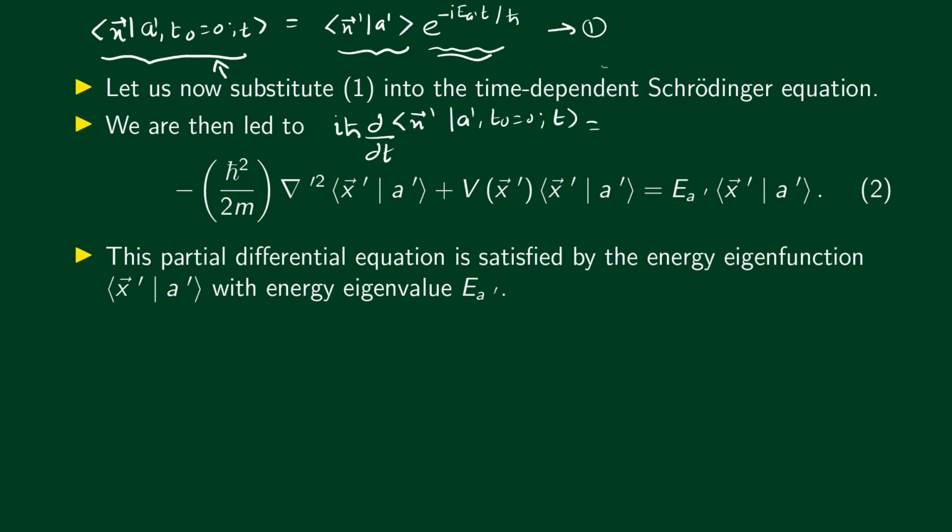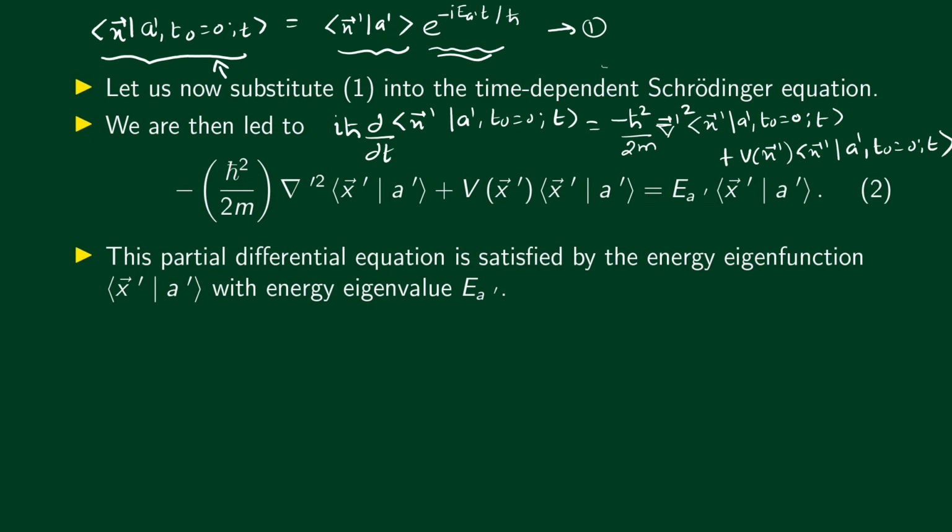This is equal to, let me write as, minus h bar squared divided by 2m del vector prime squared acting on again bra x vector prime ket A prime, t0 equal to 0, at time t. There's also one more term, which is V of x vector prime acting on bra x vector prime ket A prime, t0 equal to 0, at time t.